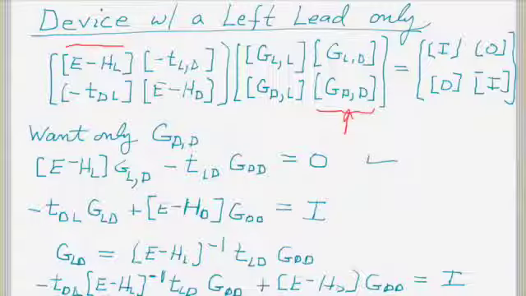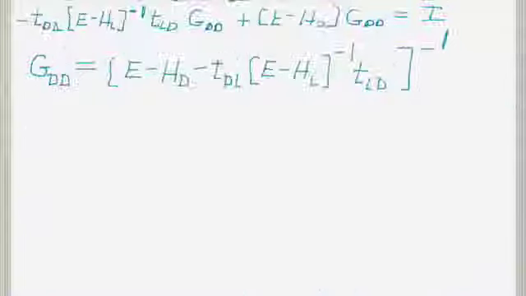The number of operations goes as n cubed. It's a really numerically inefficient thing to do. So what I've just done is written down an expression to get just what we desire, GDD, without calculating all the other stuff. So by doing this, I cut down the number of calculations a lot.